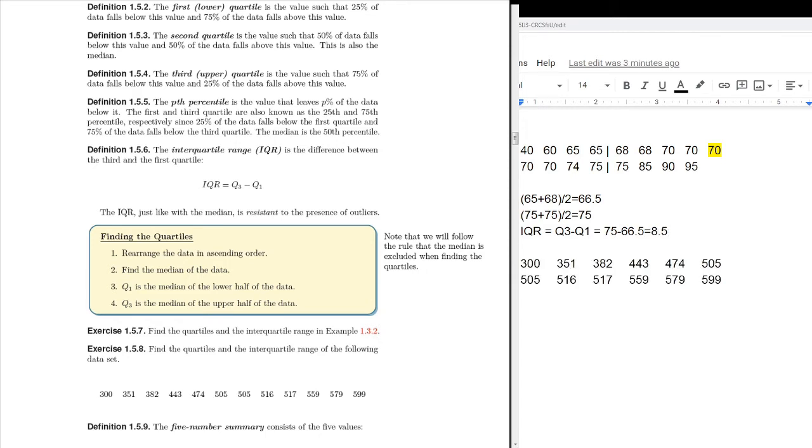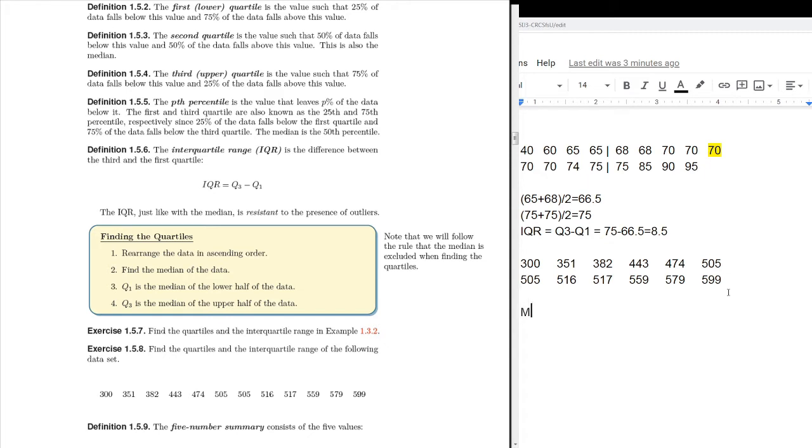Now let's take a look at finding the quartiles and the interquartile range for an even number of observations. Here is exercise 1.5.8, where I have written the values into 2 rows. Since there are 12 values, the median will be the average of the middle 2 values. So we want to take the average of 505 and 505.